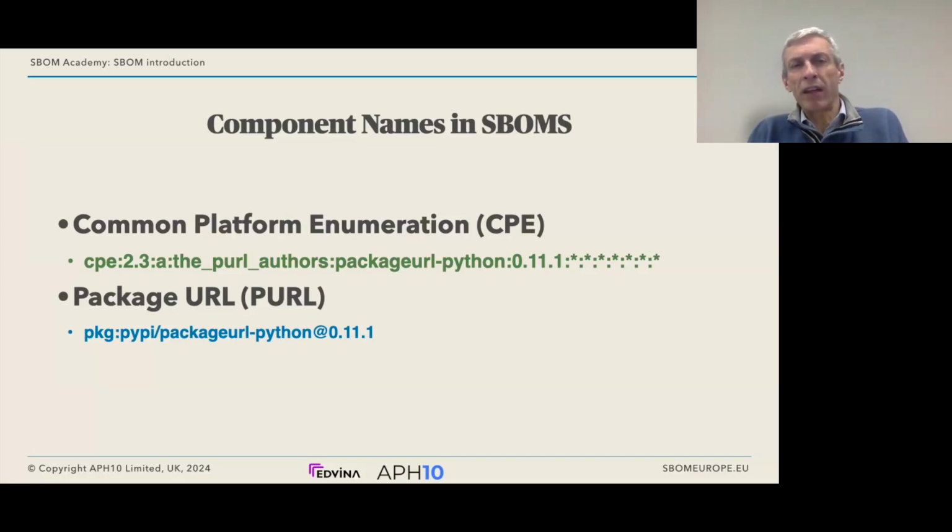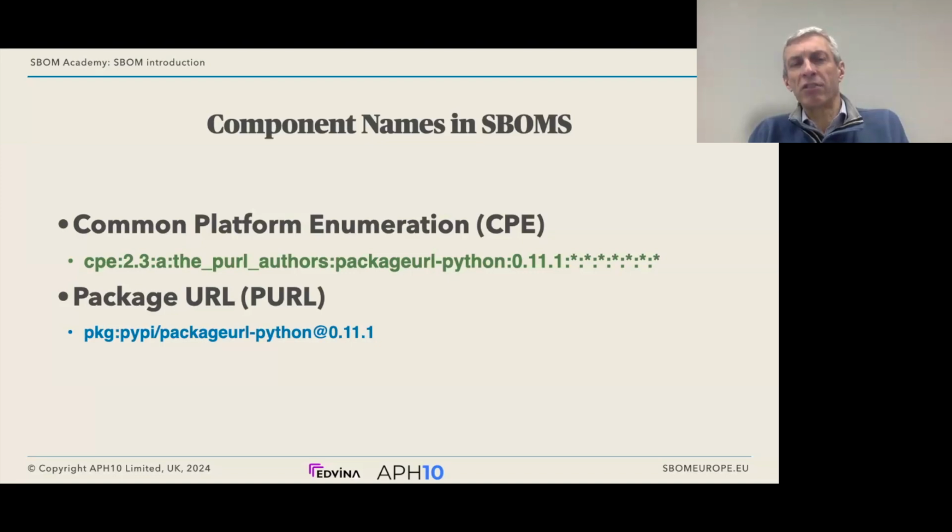CPE is very much just free format text and tries to identify the supplier as well as the package name and version. The problem with CPE is that it's often quite variable. There are different ways of specifying the same product. There's no consistency.